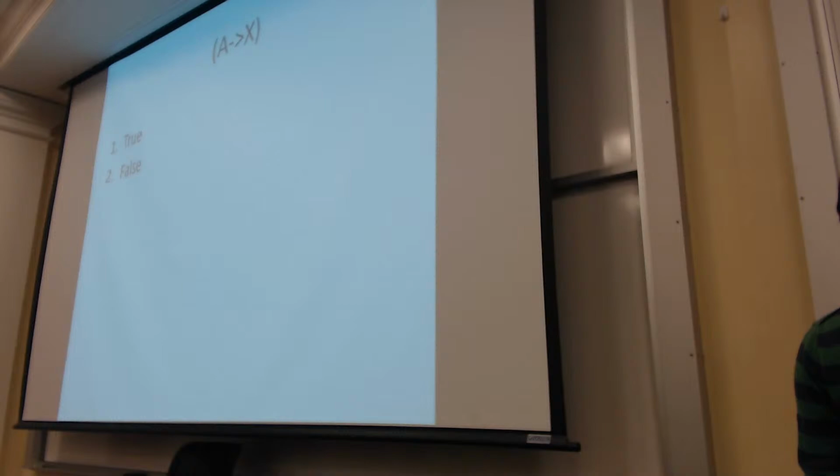All right, so problem 11 is double open parenthesis, A and not X, close parenthesis, arrow, not B, close parenthesis. All right, what do you do first? Turn them into ones and zeros.